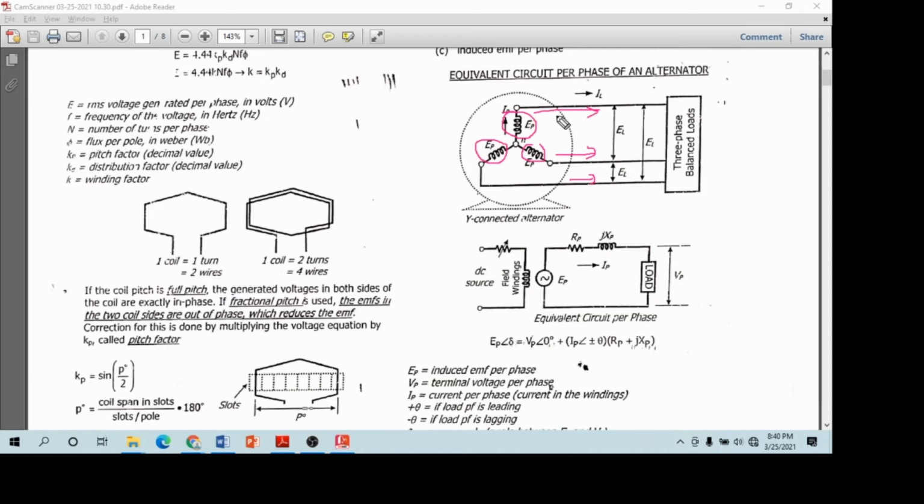Take note that if the configuration is Y, the phase voltage generated is given by this formula. This is the phase voltage, not the line-to-line voltage. If you are going to solve for EL in Y configuration, remember that EL is equal to the square root of 3 times EP.